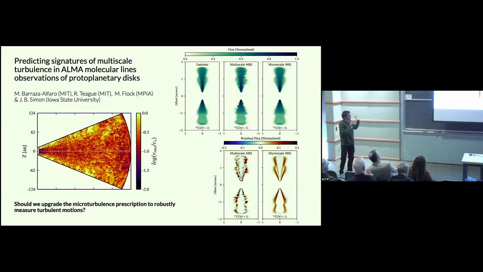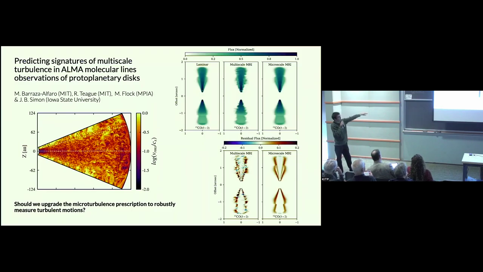The direct measurements of turbulence from ALMA observations have used a very simplistic prescription, using a micro-turbulence value, which includes a line broadening in the CO line. What we did is to predict what happens if you include the size scales of the turbulence eddies, post-processing an MRI simulation.